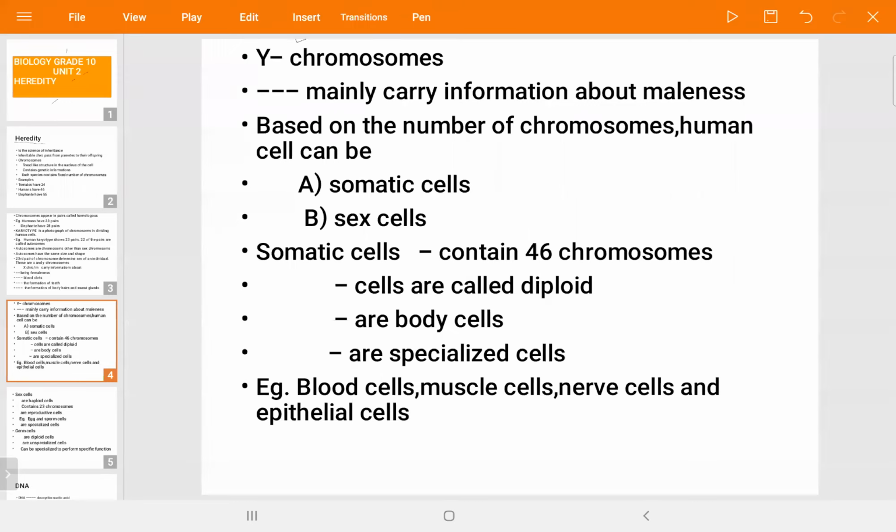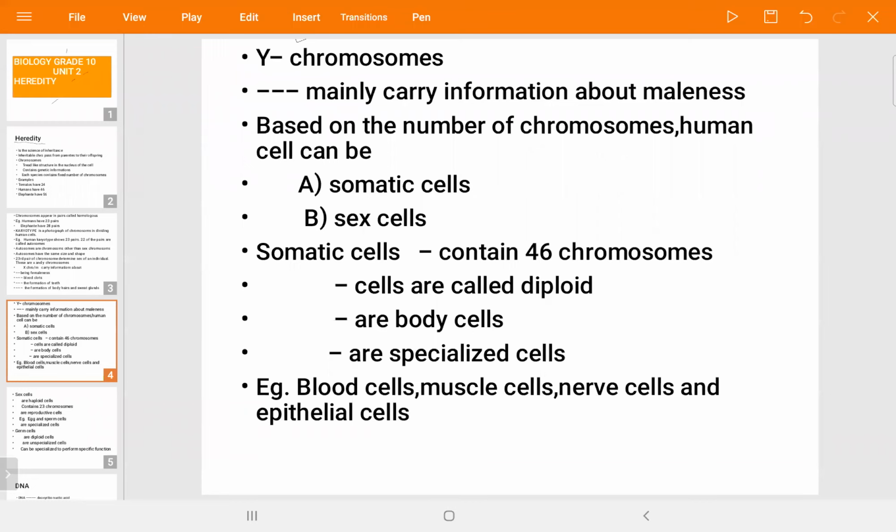Epithelial cells found in the gut, in the small intestines, are specialized to absorb products of digestion.